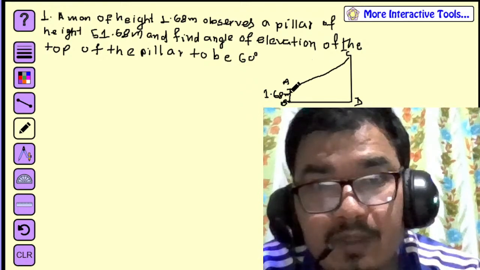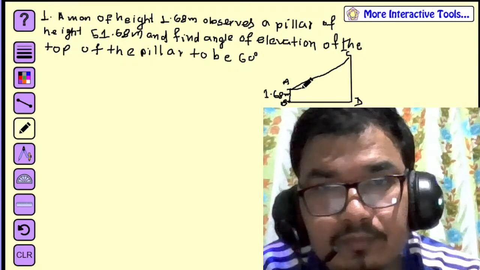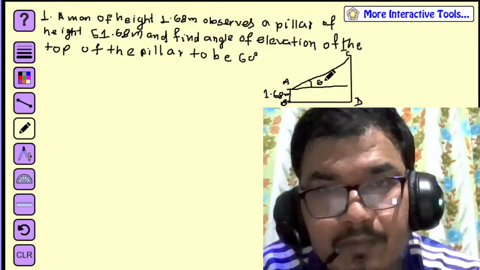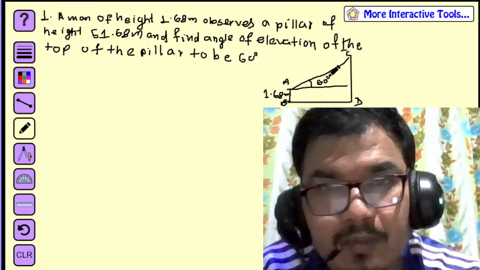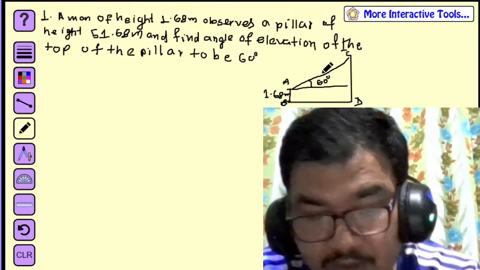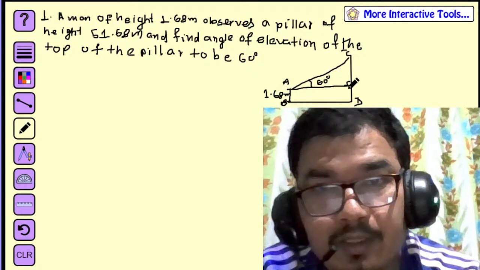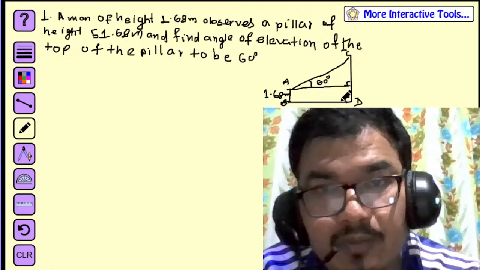There is given the angle of elevation, 60 degree. And suppose this is also 90 degree, so this right angle triangle will be there.